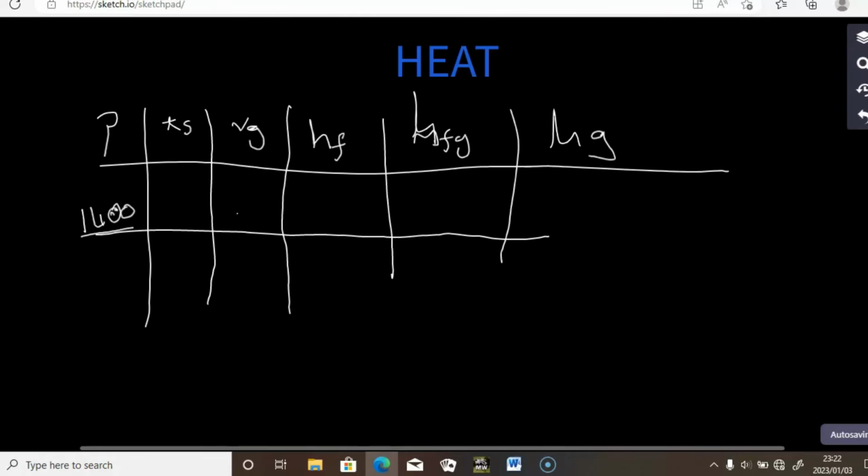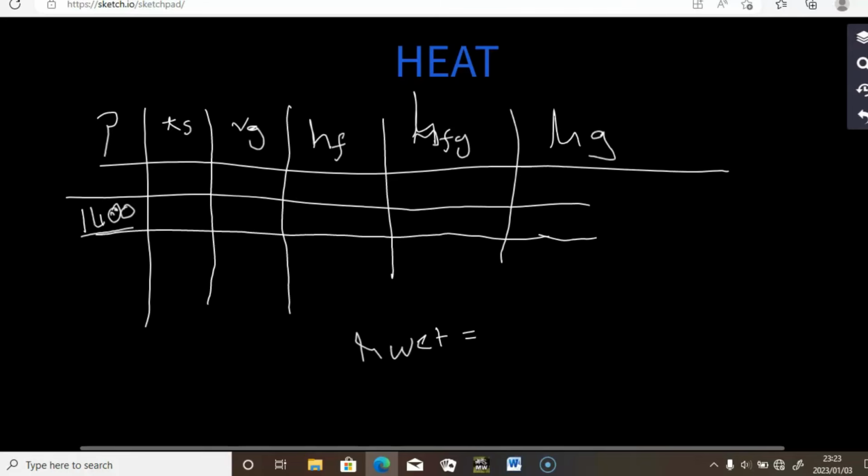Every value that corresponds with that 1400 is the value or values that you will be using when doing questions. So for example, you want to calculate the enthalpy of wet steam.